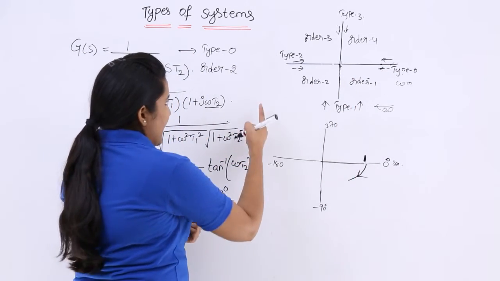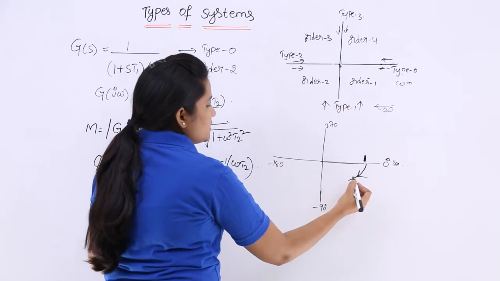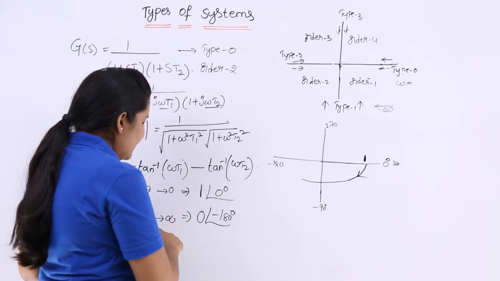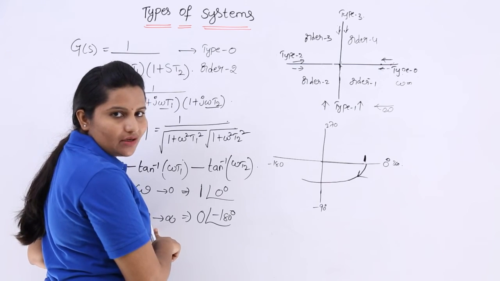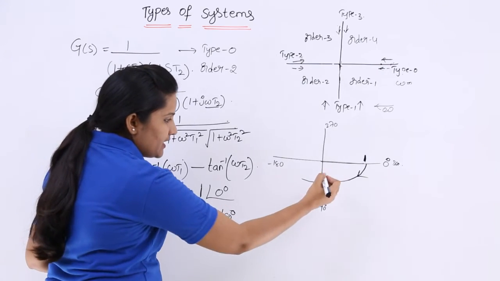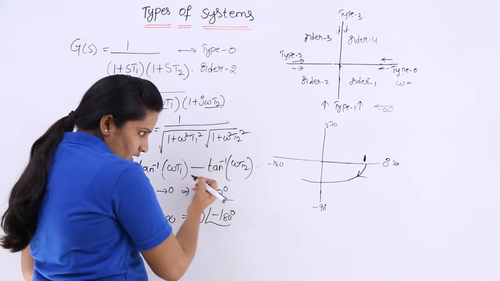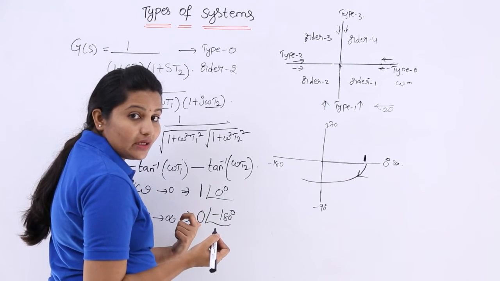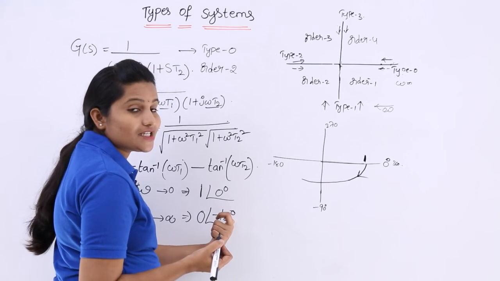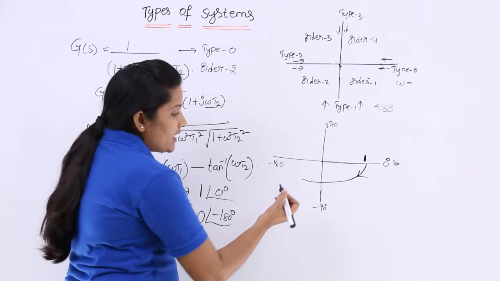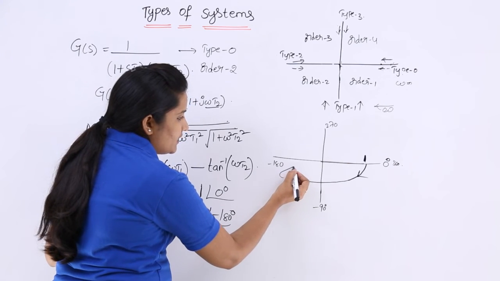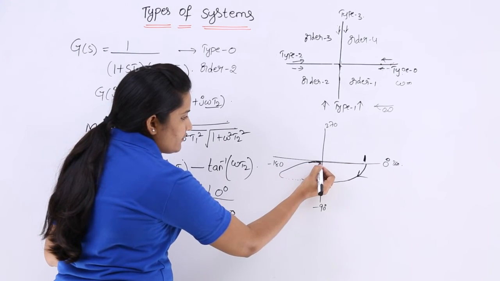Now, as this is order 2, the line needs to come here to end. At the end, that means at omega equal to infinity, somewhere it passes like this through this coordinate, and the magnitude will become 0 on the minus 180 degrees line. After passing like this, somewhere it will again turn like this.